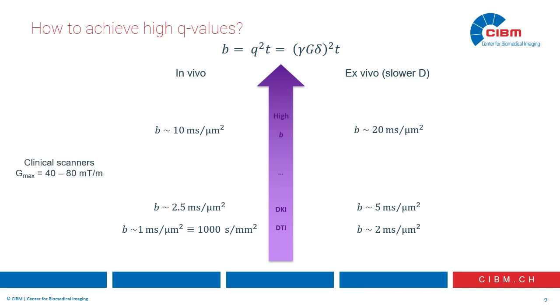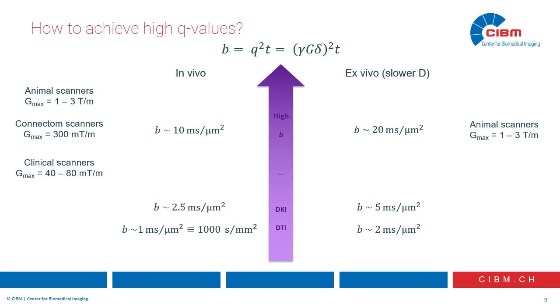And so if you think about clinical scanners, the maximum gradient strength is usually between 40 and 80 millitesla per meter. So you're able to achieve the high B regime, but really with difficulty; you can stop at B10, but it's getting difficult, especially for short diffusion times. Connectome scanners, of course, are much more proficient in terms of gradients, and animal scanners usually have no problem achieving such high B values.